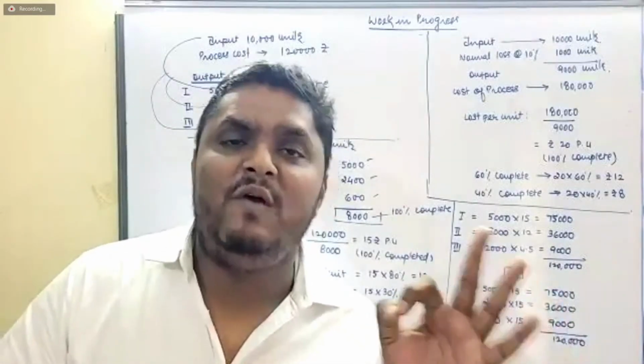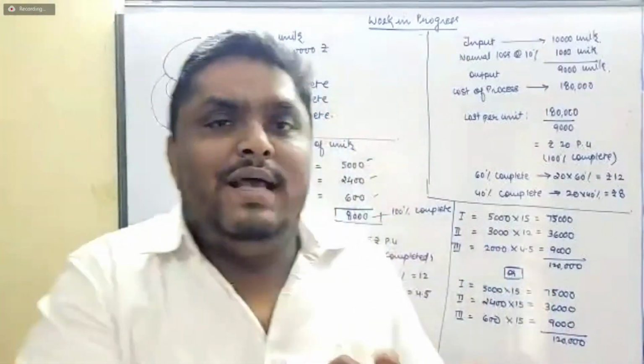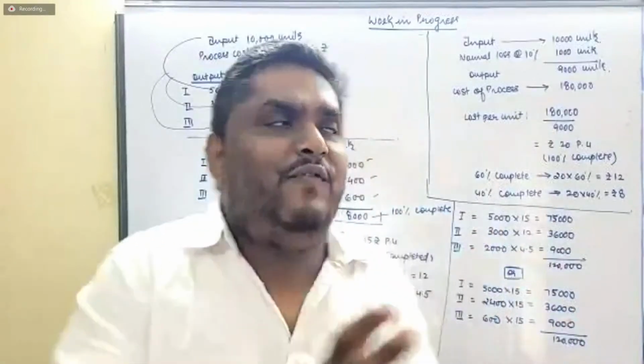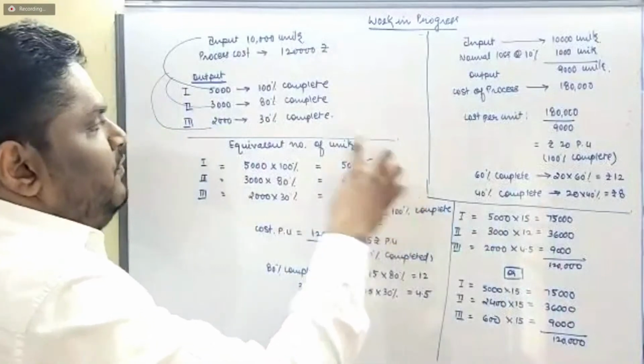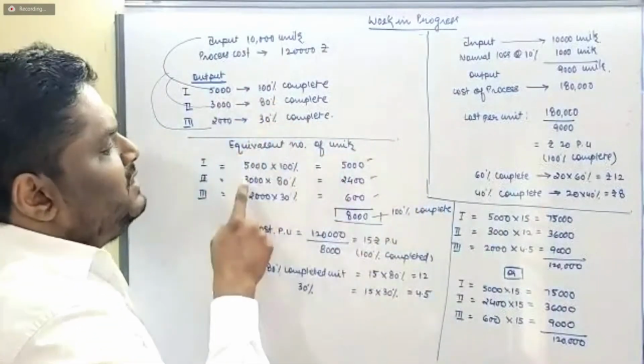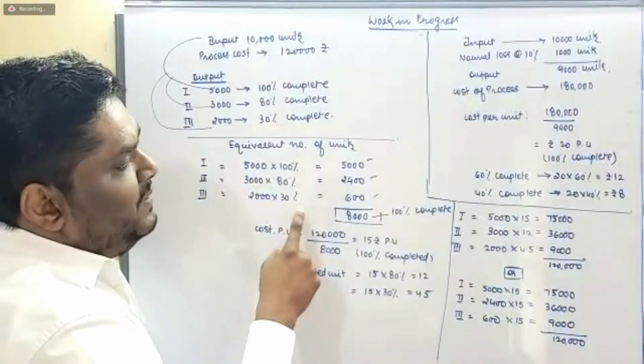This is the concept of equivalent number of units, wherein if the units are not completed by the end of the year, then we will first calculate the equivalent number of units. That is 5,000 units that are 100% complete, 3,000 units that are 80% complete, and 2,000 units that are 30% complete.